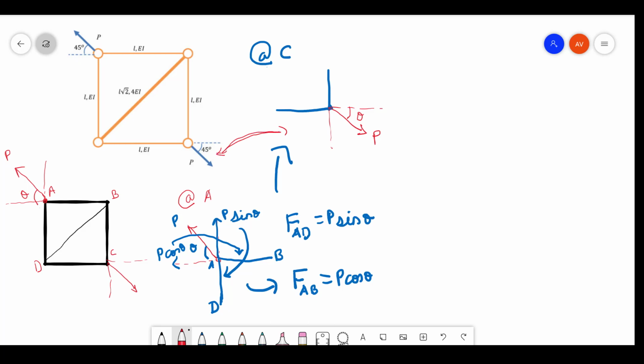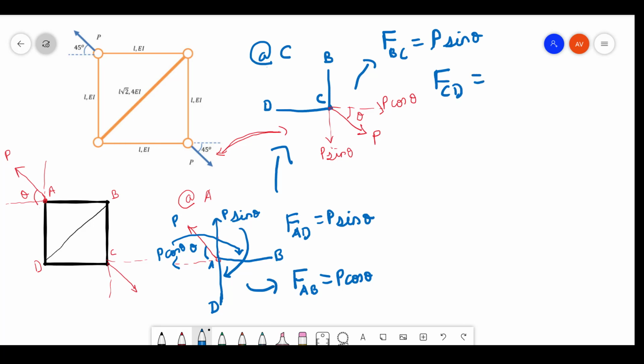What you get is P cos theta and P sine theta along these directions. So FBC is equal to P sine theta, and FCD is equal to P cos theta.